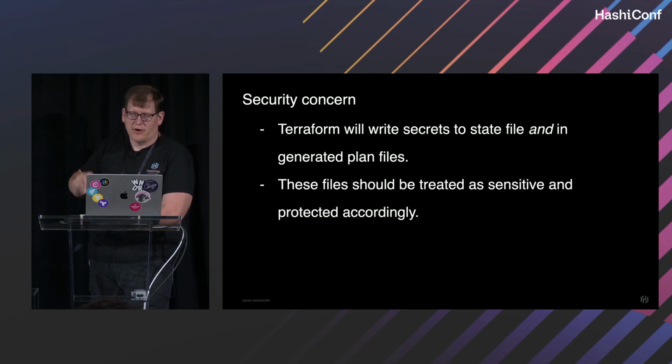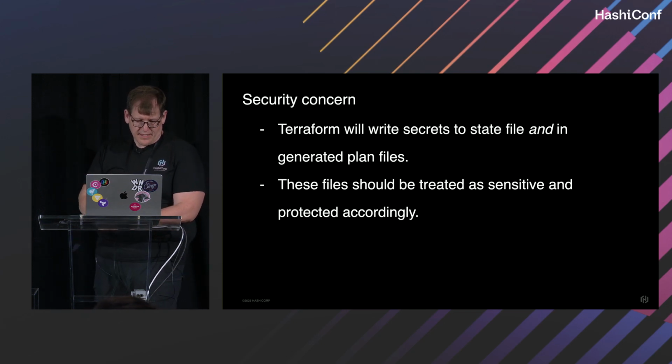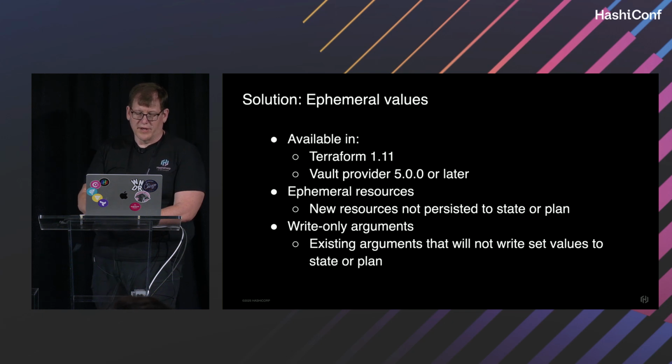Of course, now you have some sensitive values in the configuration. If you output a plan, you also have the sensitive values. And once you make the change, they'll be in the state file, right? So it's bad enough that maybe it's necessary to have one file with these secrets, but now you kind of have three. You could have two to three, depending on if you save your plans. But luckily, I believe it was Terraform 1.11 and then Vault Provider 5 or later, they added ephemeral values.